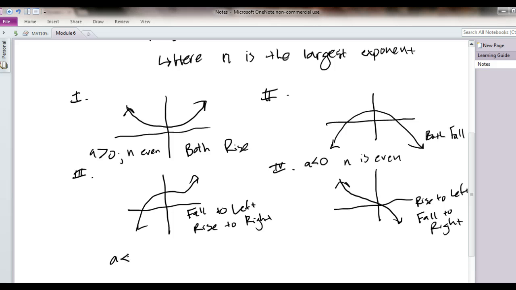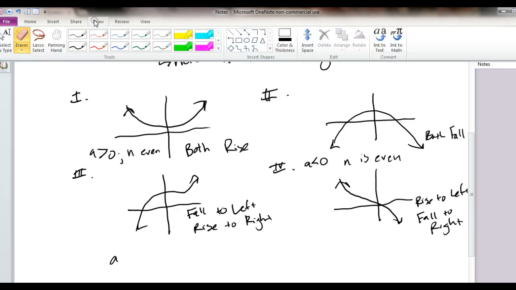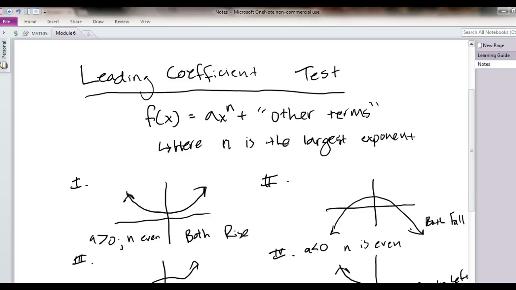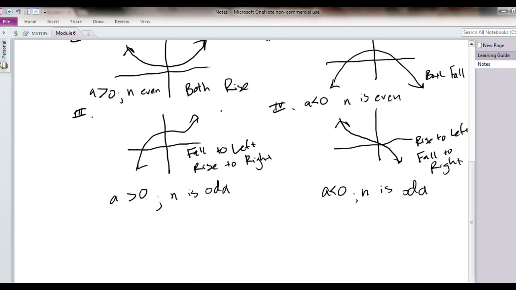Scenario 3, again, this one is A is positive and n is odd. And the last one, A is negative and n is odd. Okay, so this is what happens in general. So we can kind of just look at a polynomial and determine the stuff by looking at the biggest coefficient.